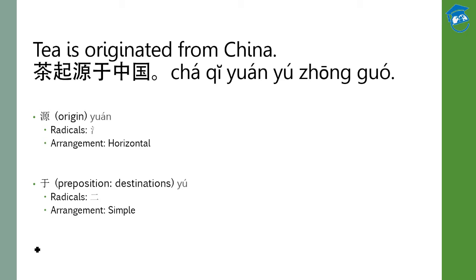So if you want to say 茶起源自中国, it makes sense. But you can also use 于 in this context. This is a rather new kind of usage, so just remember this, and we'll have more examples in the future so that you know how to use it.